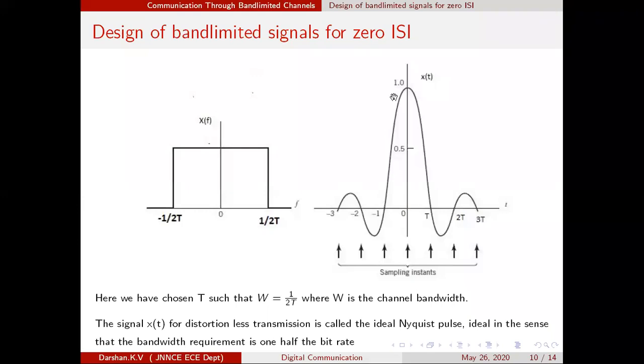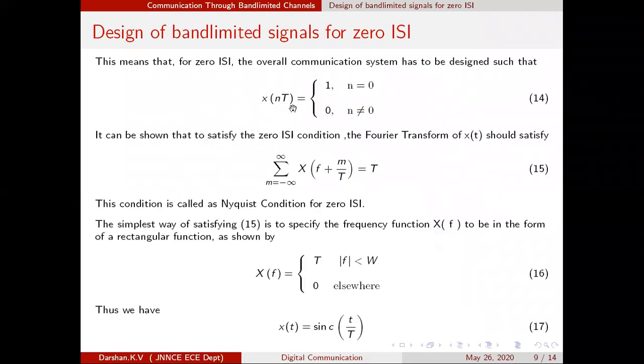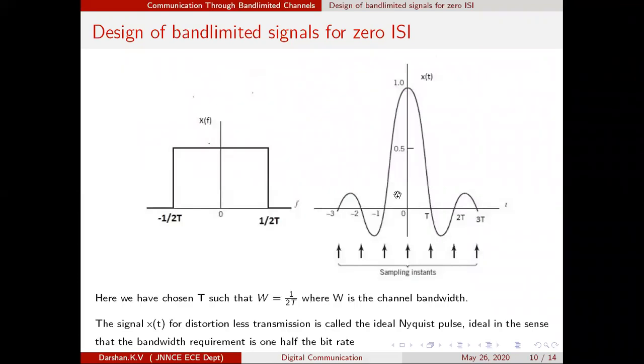What are we very much bothered about? We are bothered about the samples of x of t. How the samples of x of t are, you should tell by observing this diagram. At 0, you are having 1.